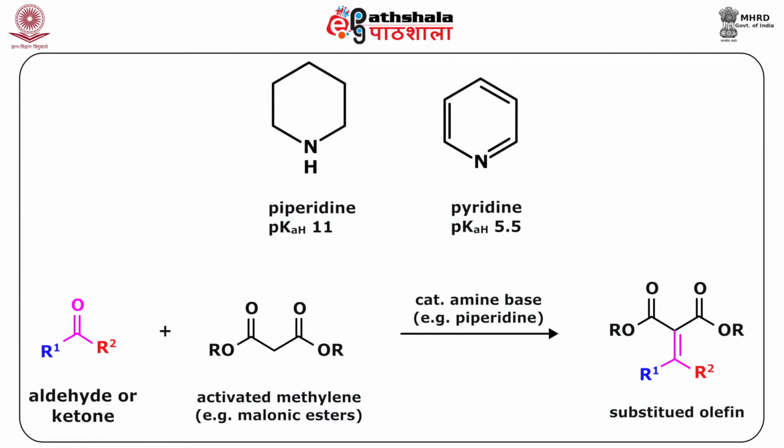And you can look at the general reaction shown here. This is the aldehyde or ketone and this is the activated methylene, and then in the presence of these amine bases there will be combination and you will get this particular condensed product.